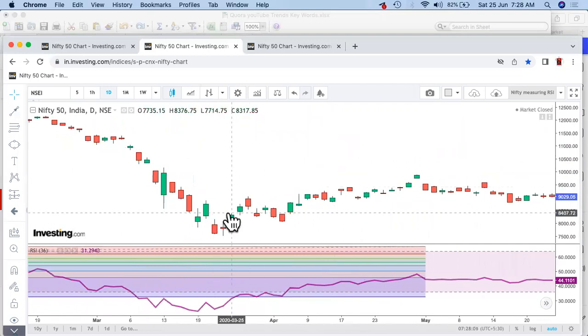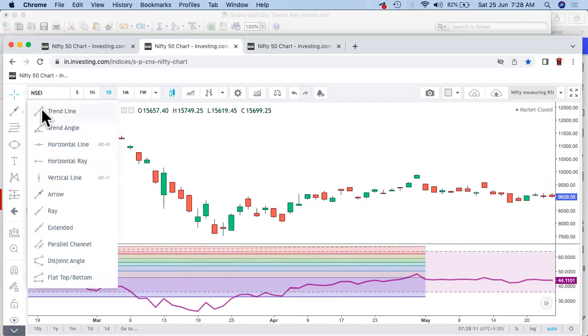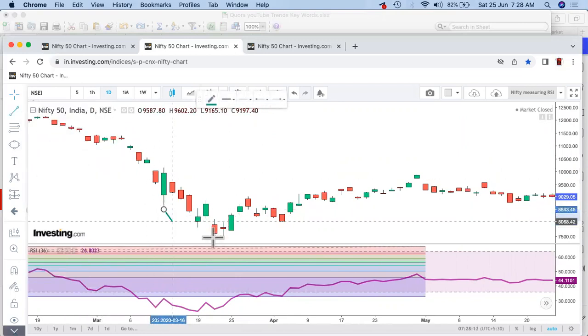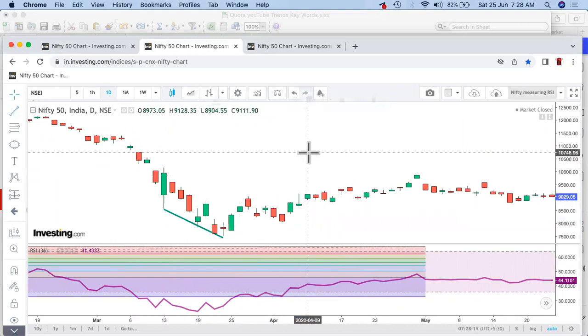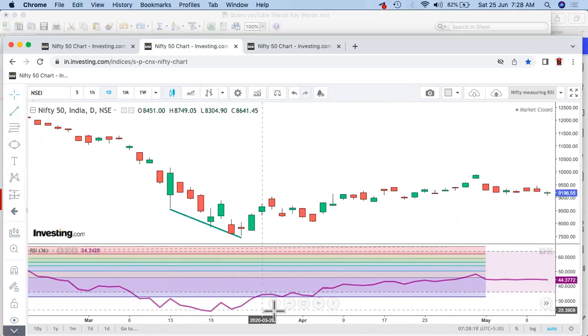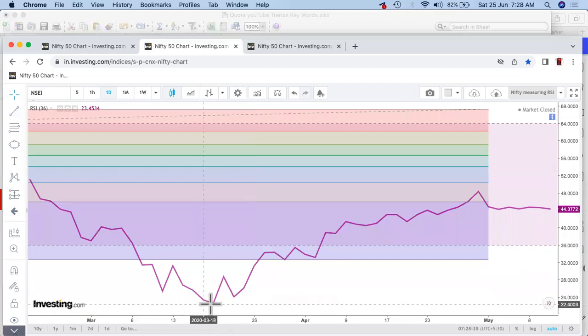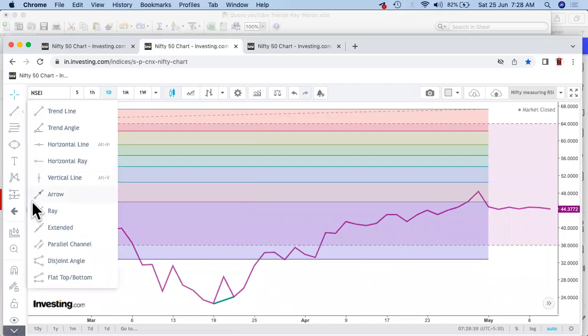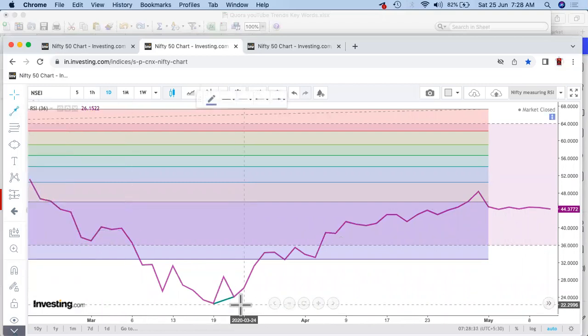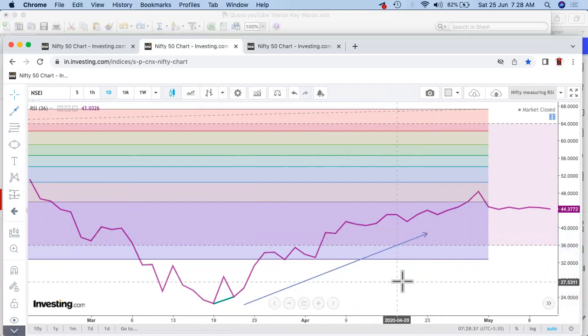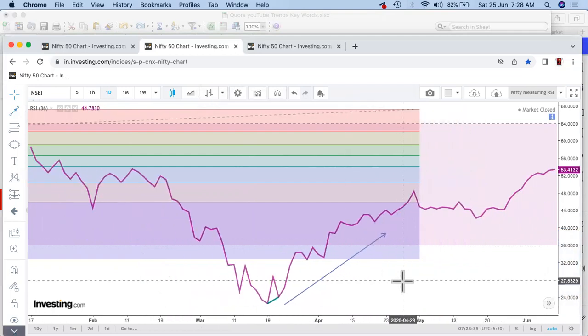Right. Now, if you see over here, the price has been gradually coming up, coming down. But gradually over a period of time, you see a sudden increase. And after that, what you see is a gain of momentum in terms of RSI, which has been going up continuously.